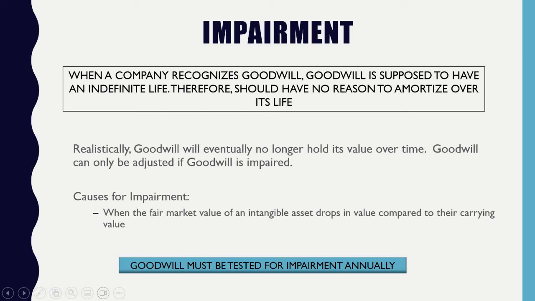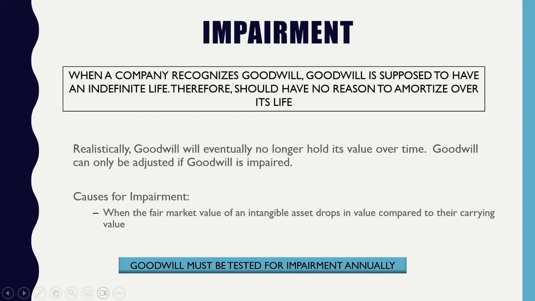Because we want to make sure that at the end of the day it's going to lose its value because it's our investment to the company, right? We're hoping that the company can build its brand much and become stronger, right? So causes for impairment is when the fair market value of the fixed assets that you purchased previously have significantly increased in value.